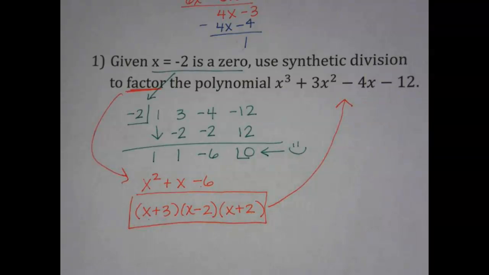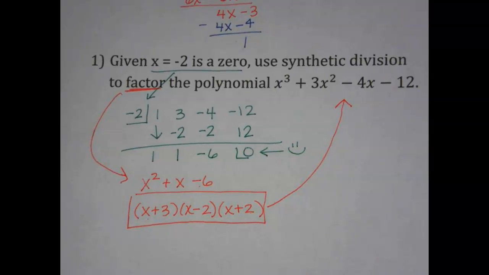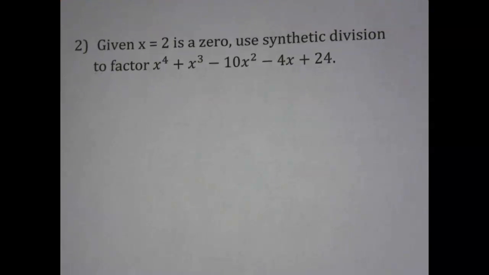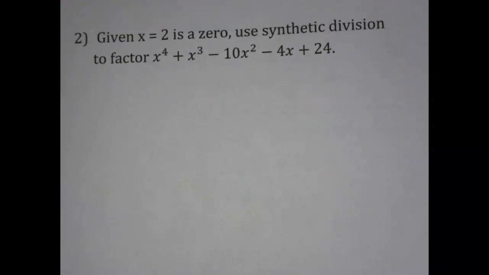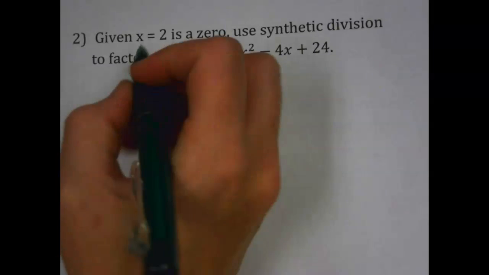Okay, let's try that again so we can kind of solidify what we're doing. So see if you can get started with this one. They gave us x equals 2, so that's what's going to go in your little box. Set up your synthetic division and see how far you can get, and then come back and check.